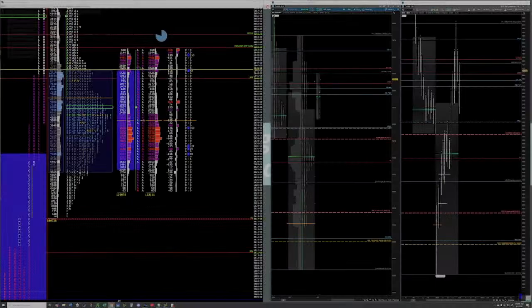Yeah, this is the other screen, my second screen. As you can see, it doesn't look bad there. Can it be better? I think so.